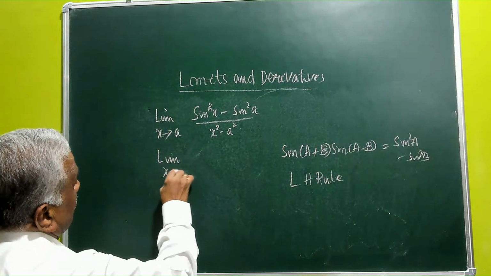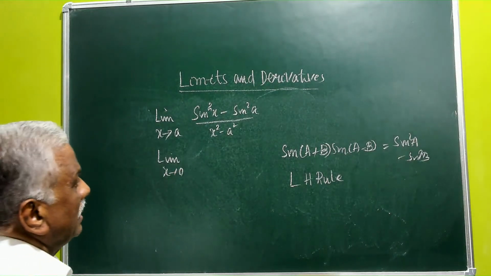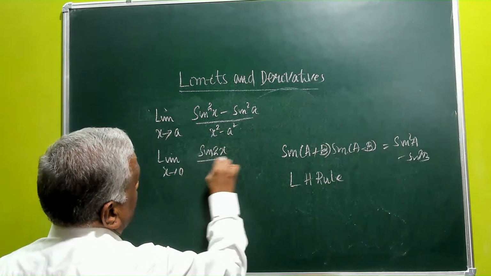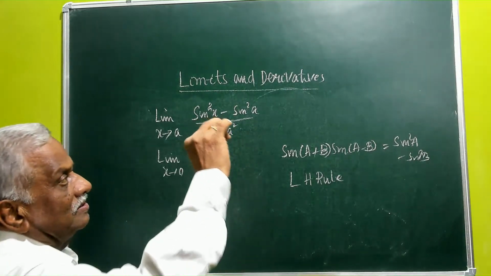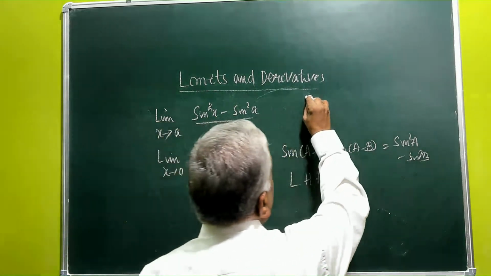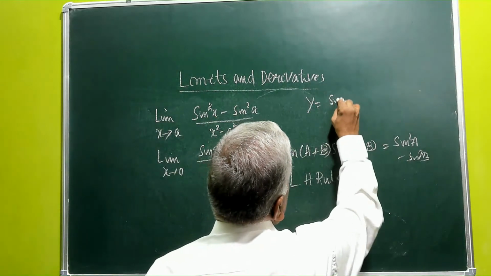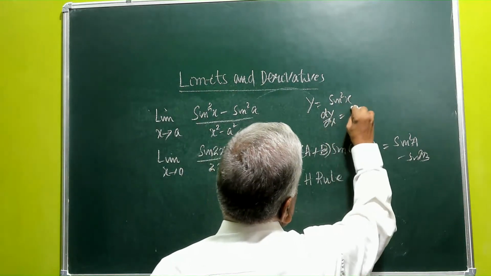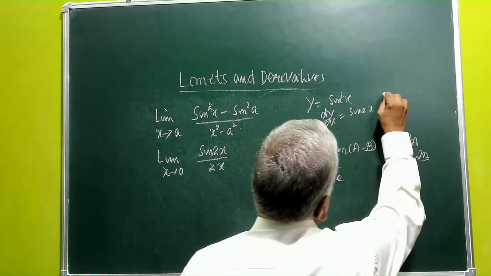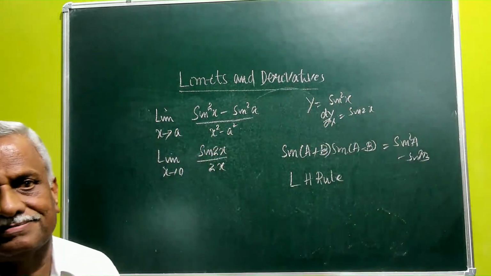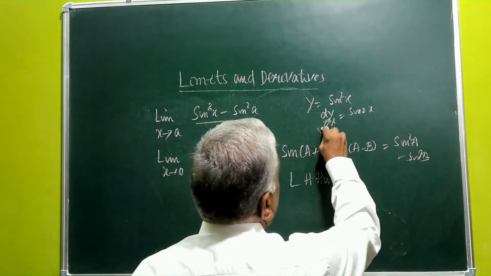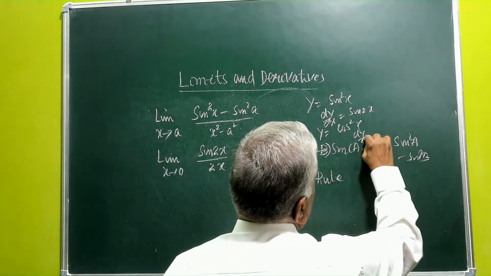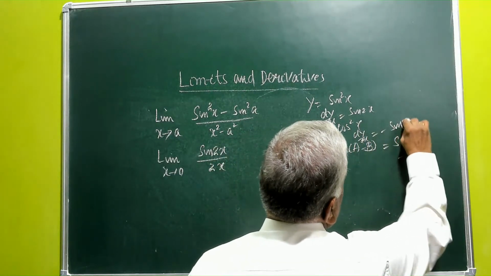Limit x tends to a. What is the derivative of sin square x? It is sin 2x by 2x. I always tell students, remember, y is equal to sin square x, dy by dx is sin 2x. Don't write 2 sin x cos x and then sin 2x. y is equal to cos square x, dy by dx is minus sin 2x.